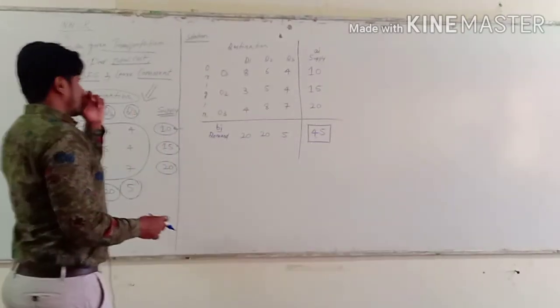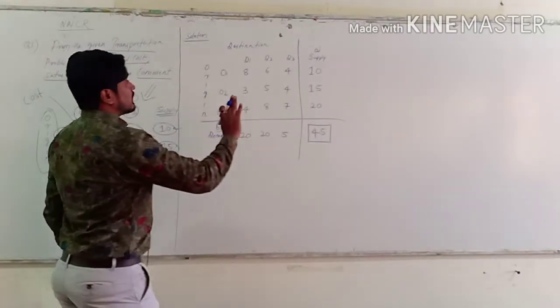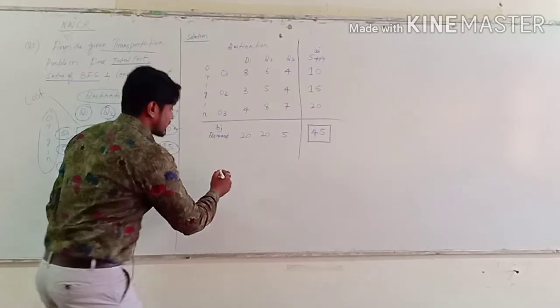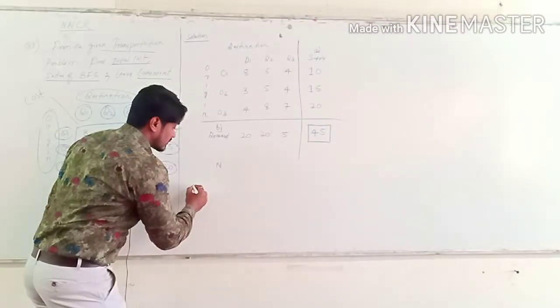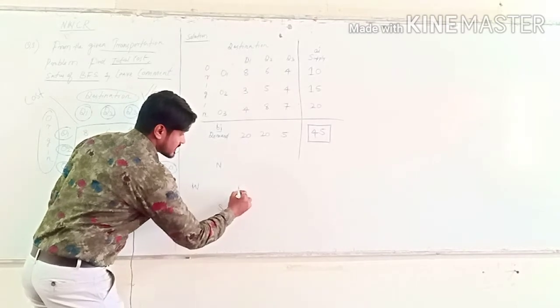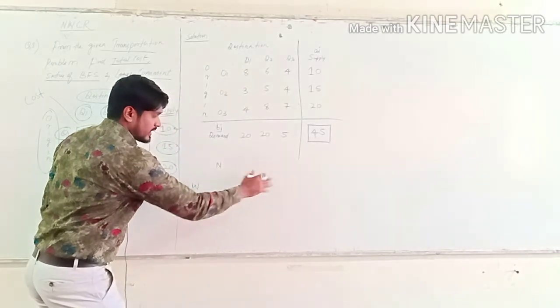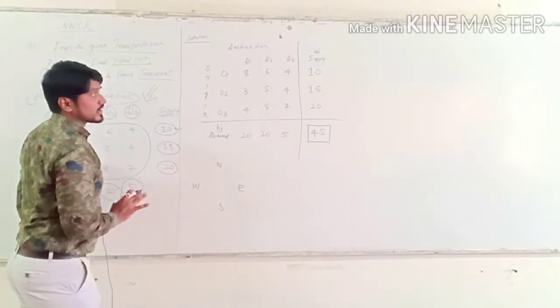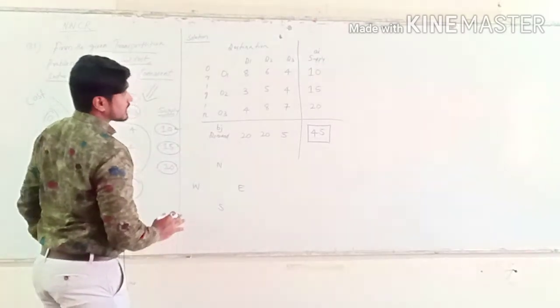Now, northwest corner rule method. How to find the northwest? See, this is the north, this is west, this is south, and this is east. We do not worry about east and south. We need to find the northwest corner. Which point is called the northwest corner?